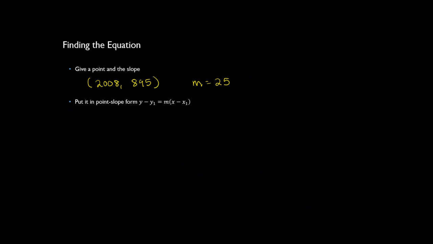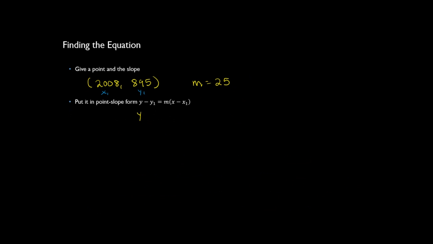We're going to put it in point slope form. So I have the equation here. We're plugging in these numbers. So again, I'm using the same x1 and y1 that I had when I was finding slope. So we're putting these into our equation. We're only replacing x1, y1, and m. We're not replacing x or y.